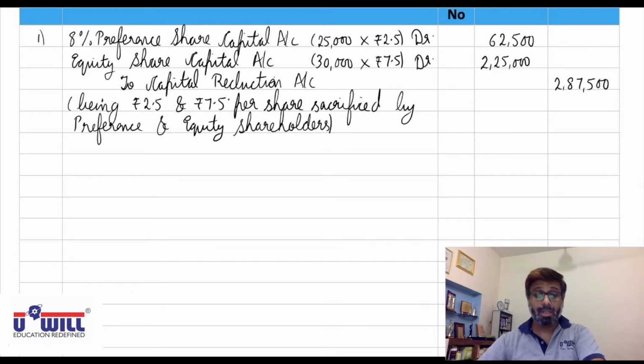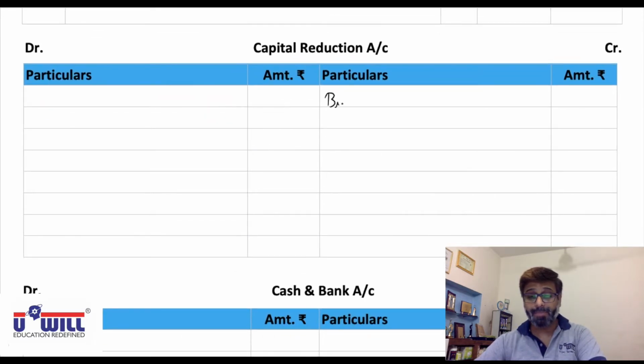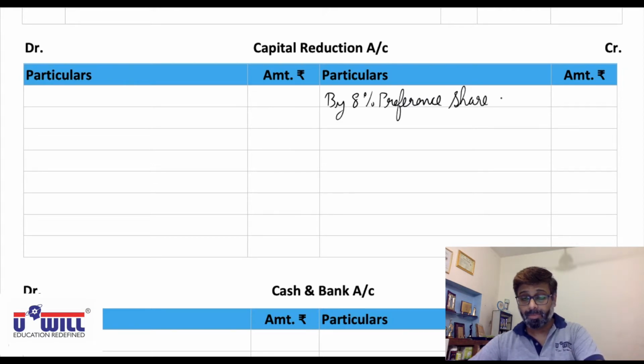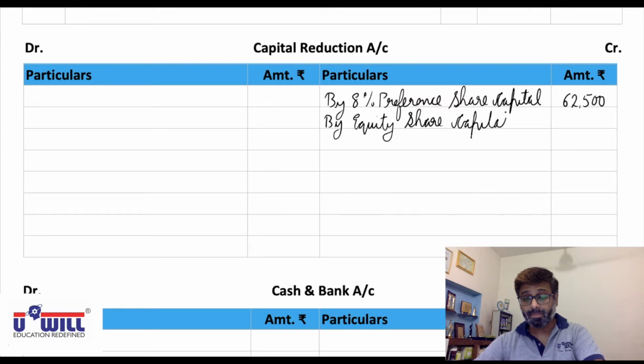Now posting for this, to capital reduction account. In the capital reduction account on the credit side, opposite both the accounts: by 8% preference share capital account 62,500, and by equity share capital account 2,25,000.